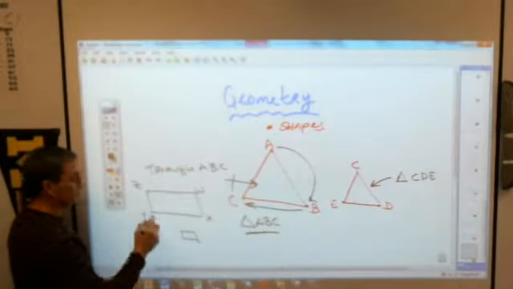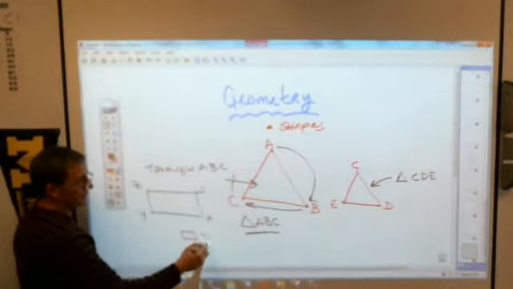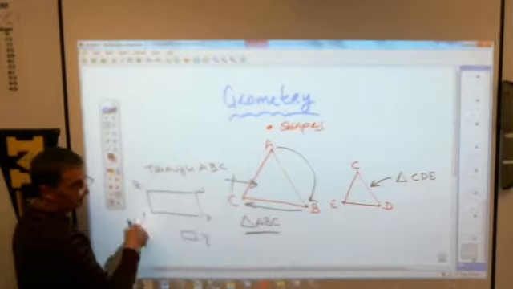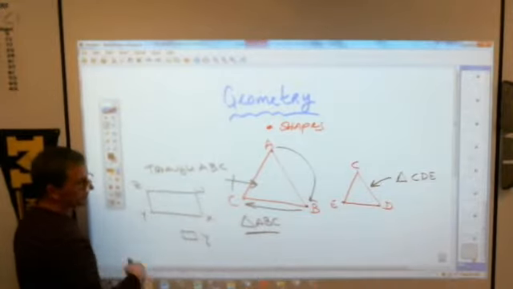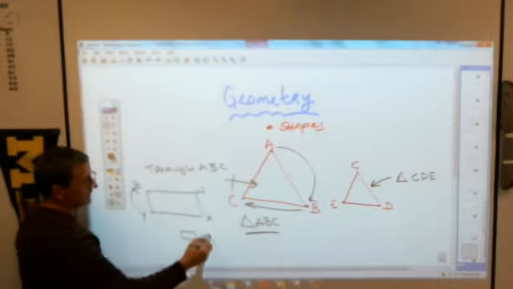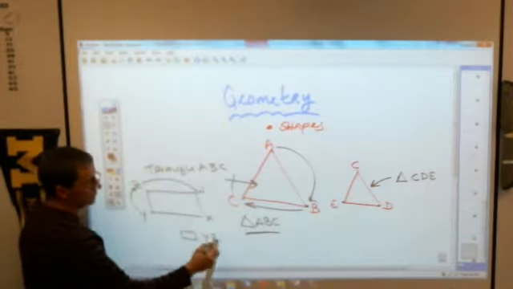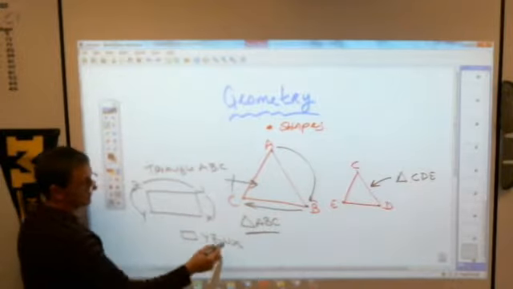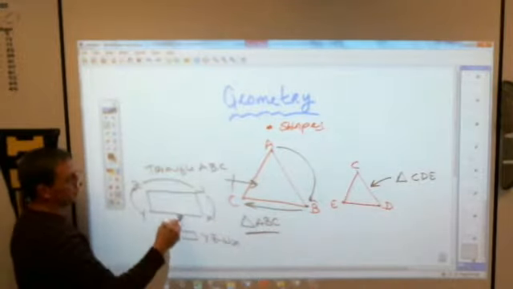Let's say I started with Y, okay, but I have to go in order from there around the rectangle. You can go clockwise or counterclockwise, it's kind of confusing, but I would label this Y, Z, W, X. That would be how I would tell somebody I'm talking about this.